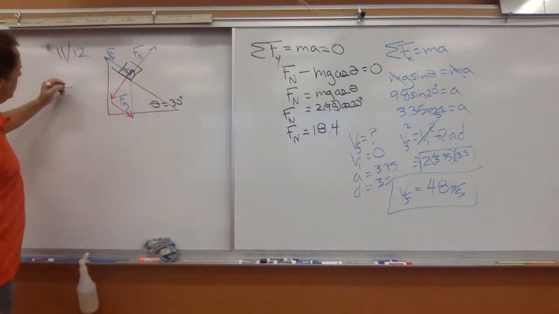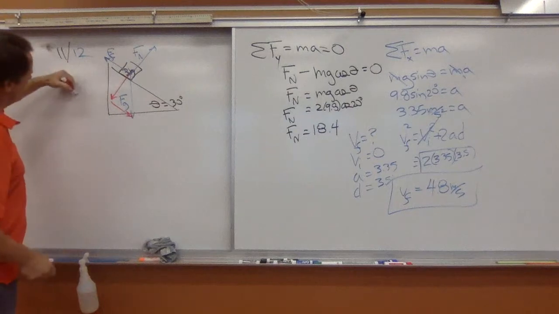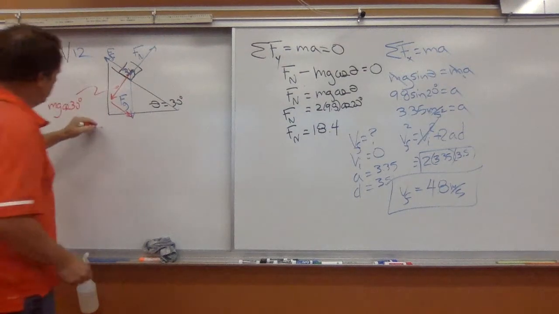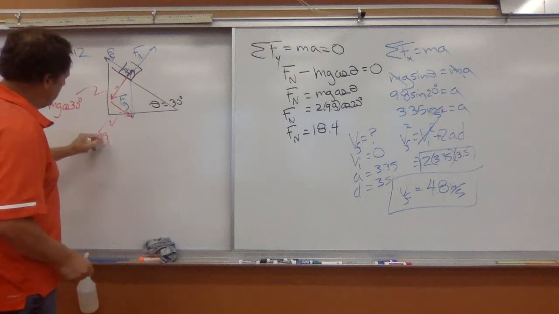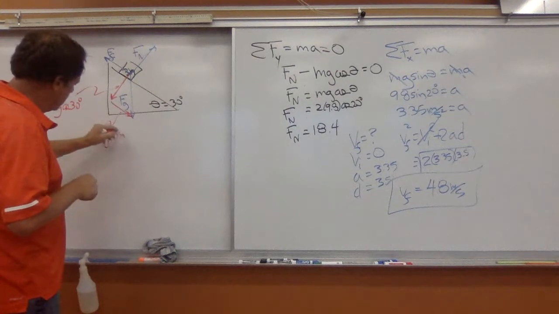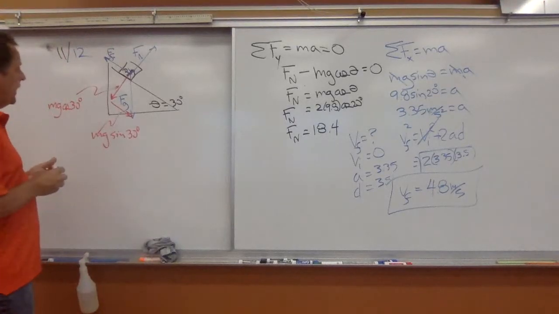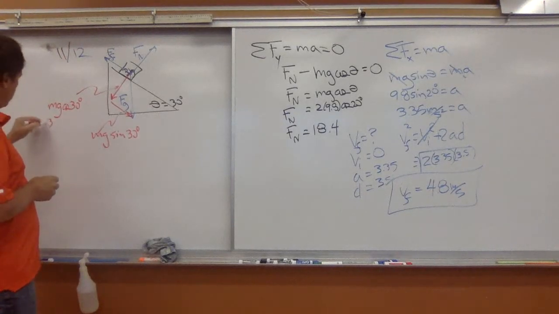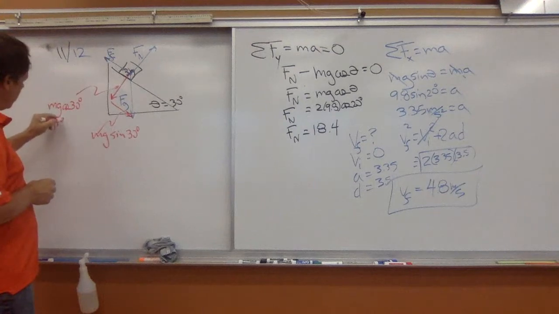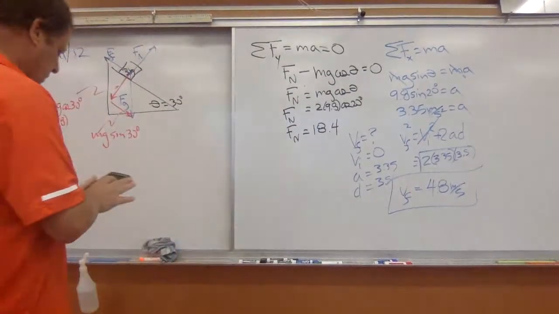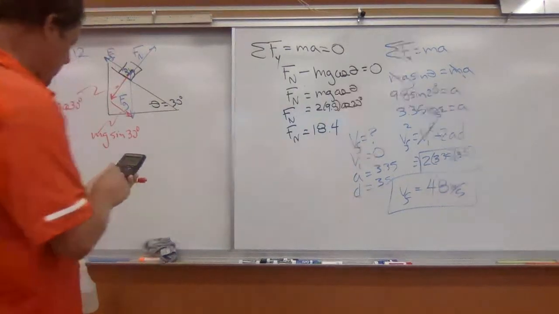This one right here is going to be mg cosine 30 degrees, and this one right here is going to be mg sine 30 degrees.